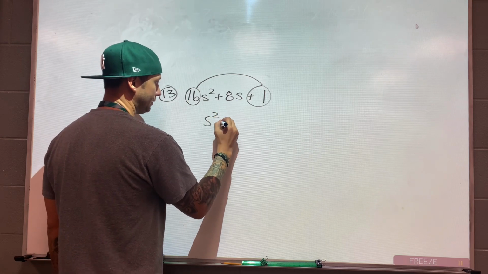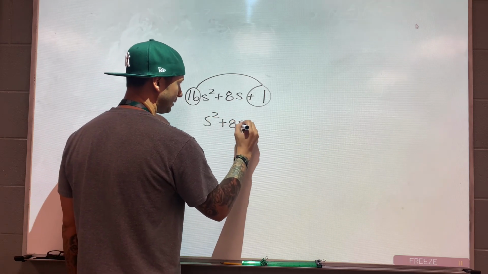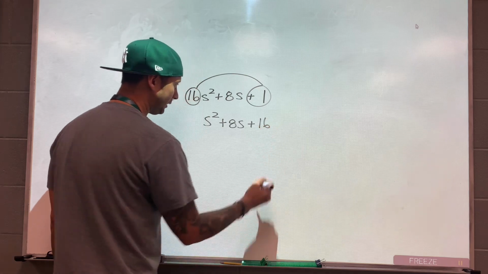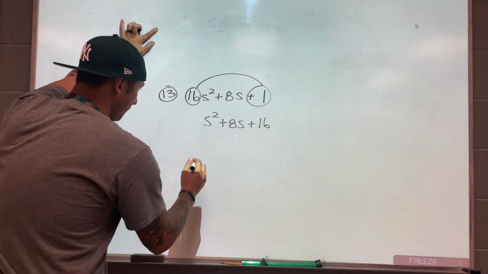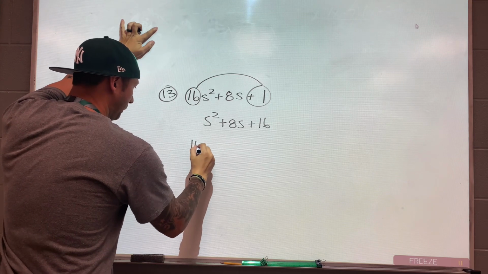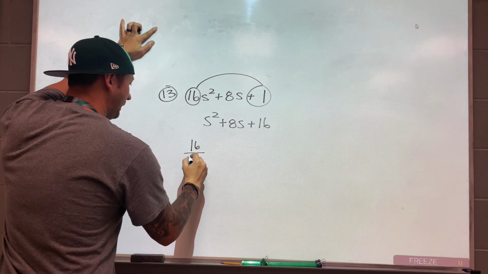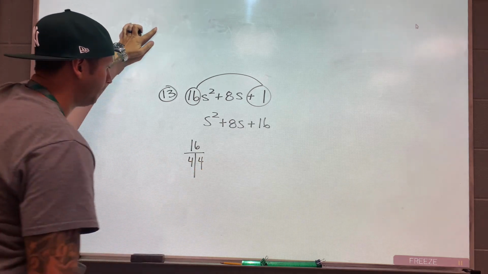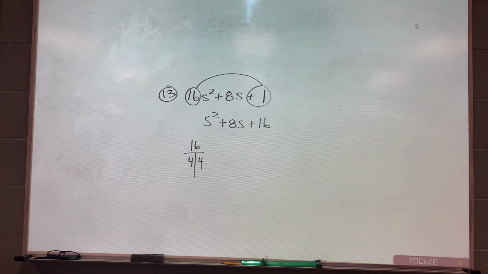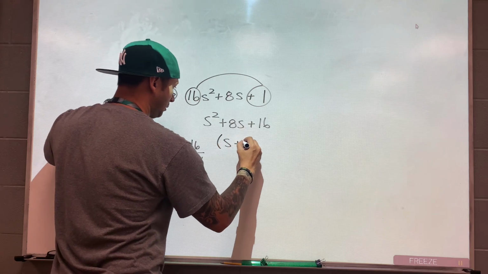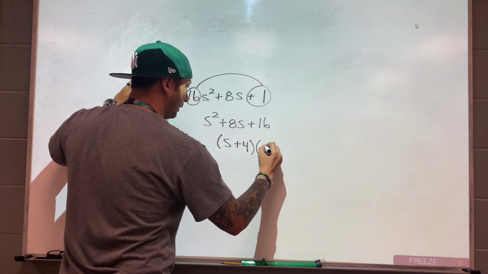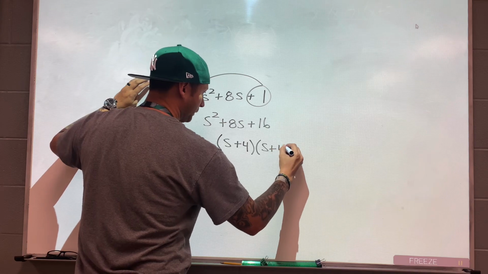So s squared plus 8s plus 16. 1 times 16 is 16. Two numbers that multiply to make 16 that add up to 8. 4. They're all positive, so everything's positive. So this is going to be s plus 4, s plus 4.